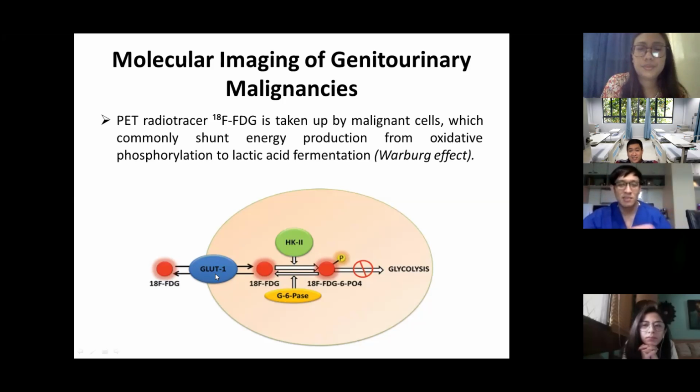And once within the cell, FDG is phosphorylated by the glycolytic enzyme hexokinase, preventing diffusion back across the cell membrane. So the trapped FDG molecule, which is missing a 2-hydroxyl, cannot undergo further metabolism. And the remaining intact FDG molecule will now allow the detection with PET imaging.